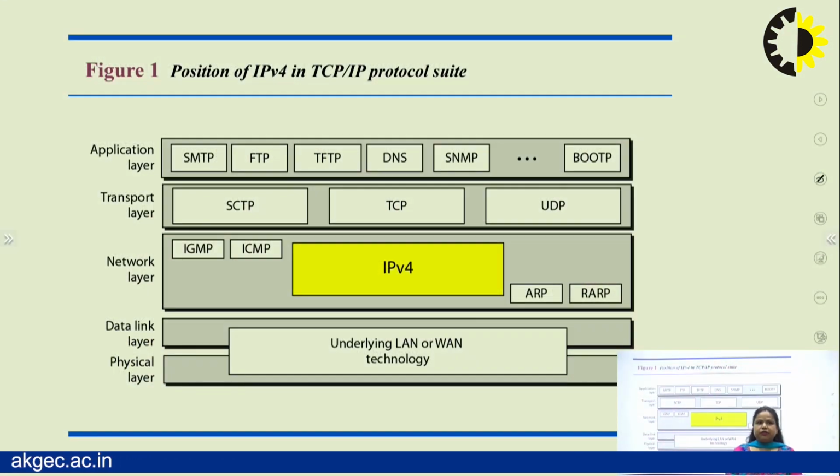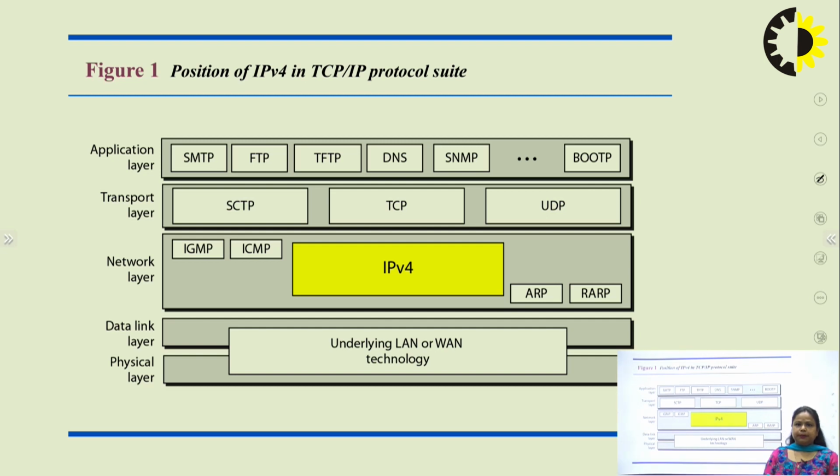Before that, we should be aware of the position of the IPv4 protocol in the TCP/IP protocol suite. When I'm talking about TCP/IP, we divide the complete figure into either a 4 or 5 layer architecture. If we are talking about the network layer, under the network layer, this is the position of IPv4. It never works alone. It always merges with different protocols.